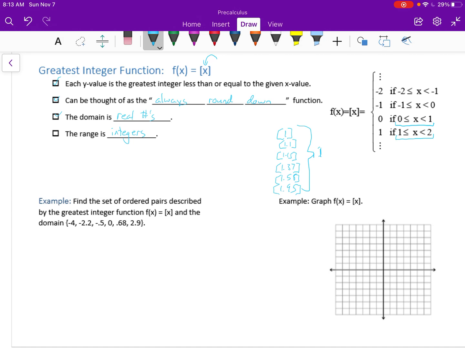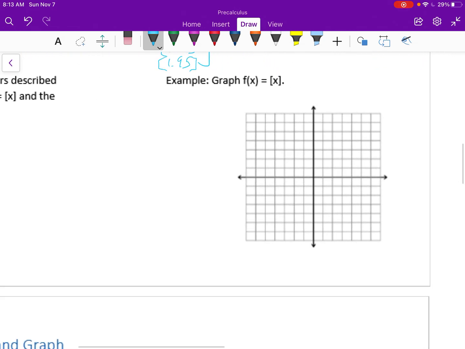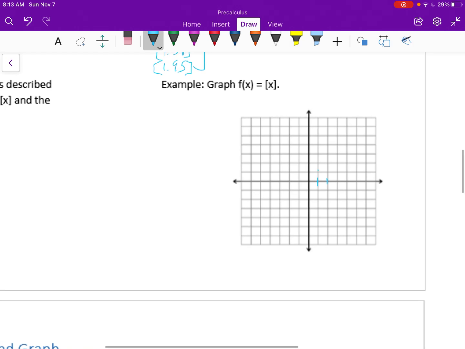And so actually we're going to go ahead and jump to this example of graphing this. So as we just mentioned, between 1 and 2, between these two places on the graph, that will always round down to 1. So it's going to look like that. Anything between 0 and 1 rounds down to 0.